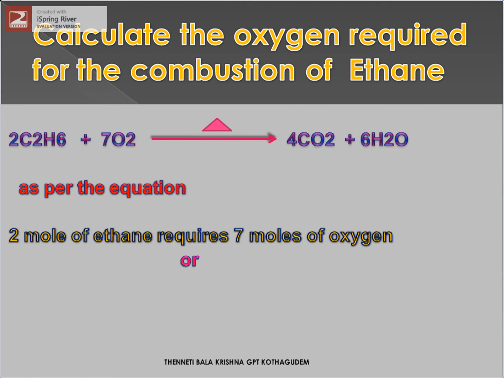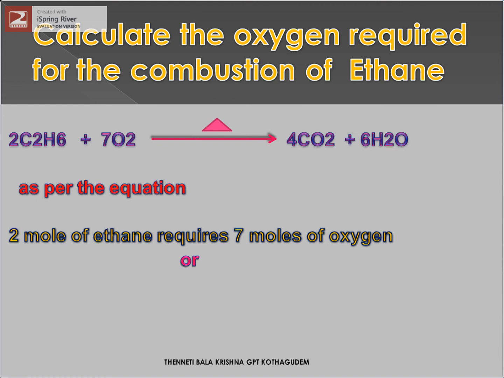It contains 2 carbons and 6 hydrogens. What is the carbon weight? 12. Hydrogen weight 1. 2 into 12, 24 plus 6, that means 30.